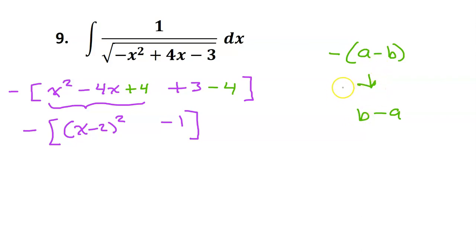Okay, so that's what I'm going to do. So if I reverse these, the negative sign will go away. And that's really just a shortcut, but it works. So I'm going to put 1 minus x minus 2 squared, now without the negative sign.